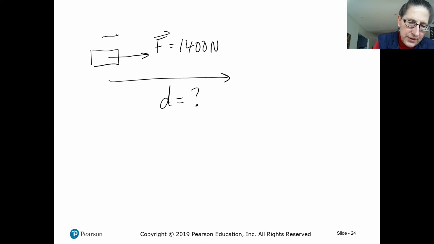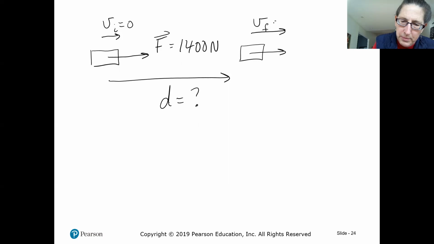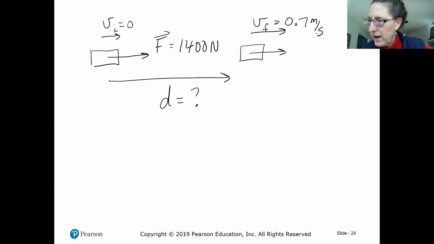Here it starts from rest, so vi is 0, and then over here, same force, but now it's moving at its final speed of 0.7 meters per second. So it's not going too fast. But it's a big mass, so it does take a fair bit of walking along to get it going.